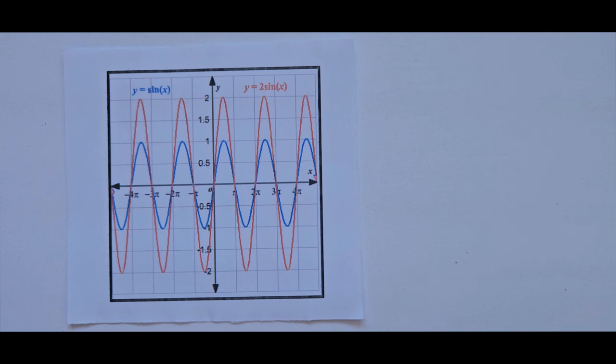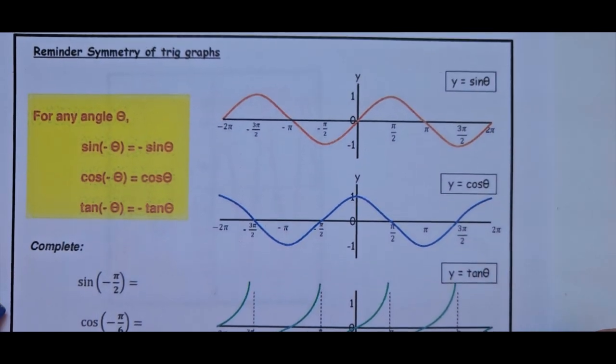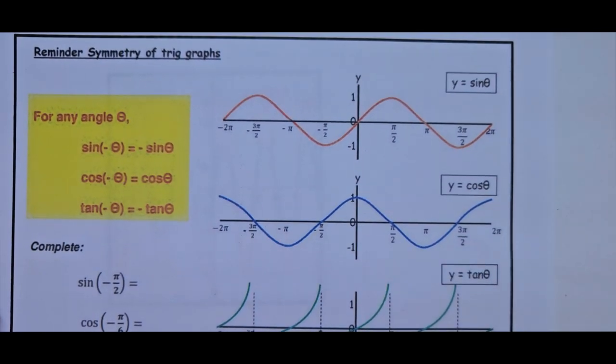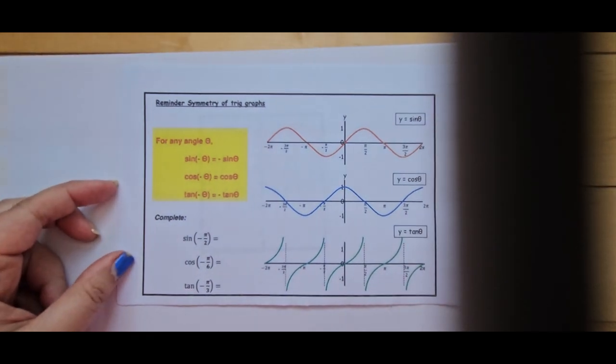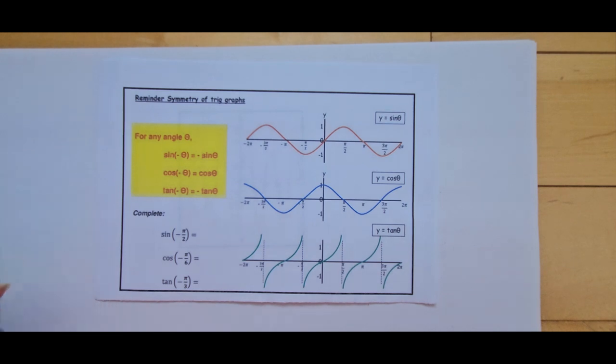But here, when you have an amplitude multiplied, the new amplitude would be the number right in front. This is another picture, so you can see all three functions in one go. Okay, all these three functions.